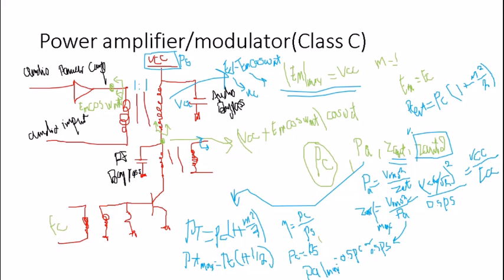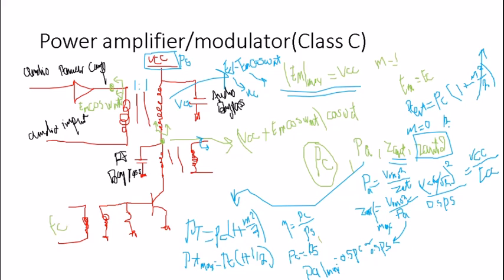So here we have m equal to 0. This cancels out this term right here, which leaves us with the power of the output equals the power of the carrier.